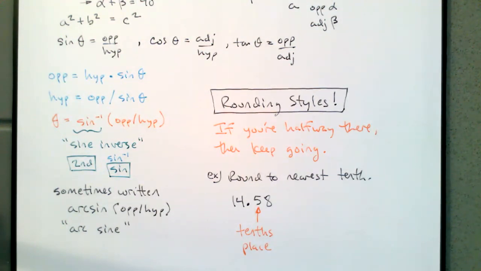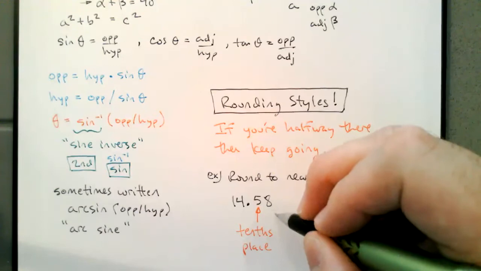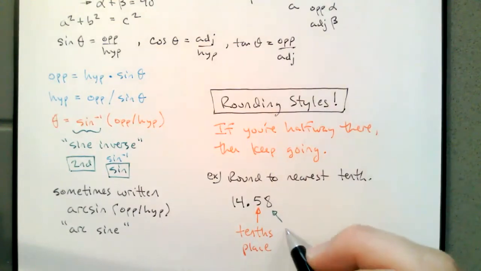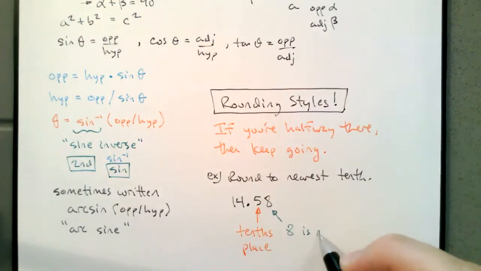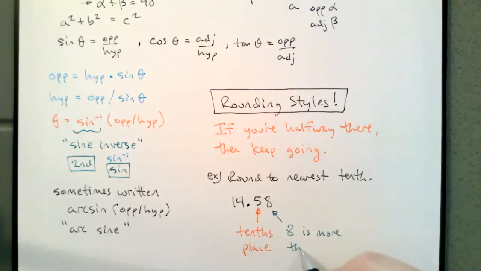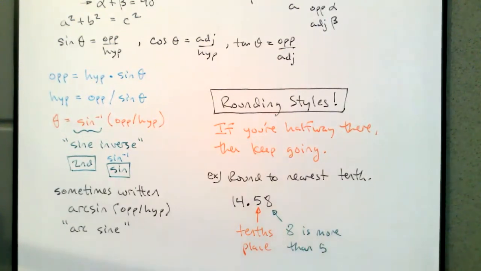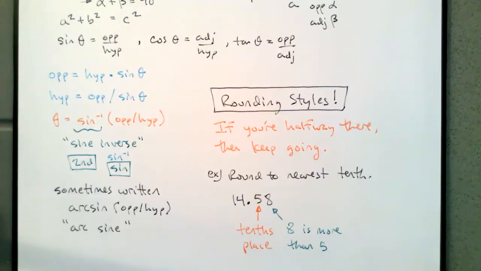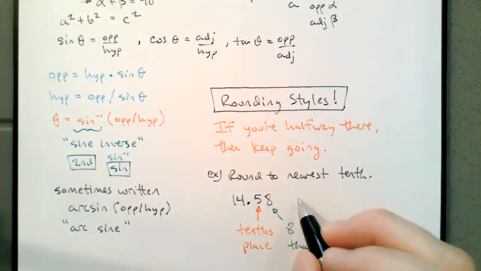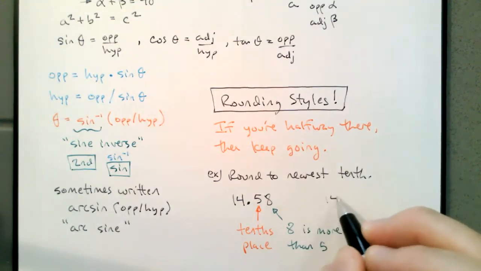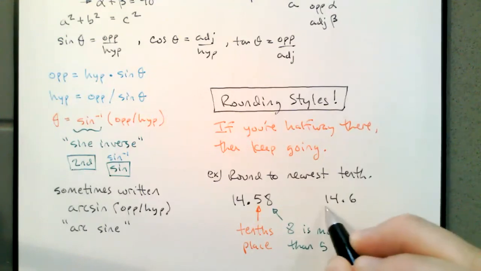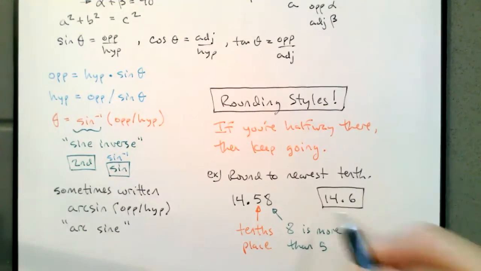So if you're halfway there, keep going. 8 is more than 5, so we keep going, and we round this to 14.6, the next highest tenth.